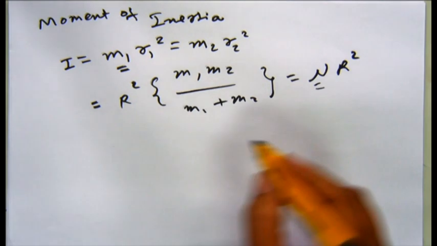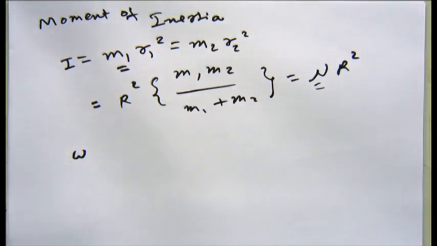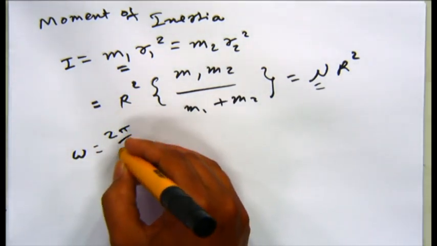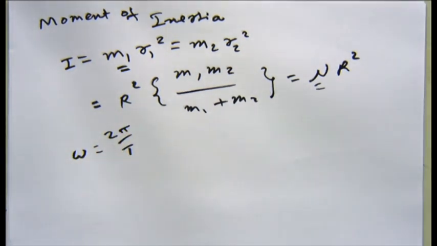Further, omega is called angular velocity, and omega is equal to 2 pi by T. Angular velocity or angular frequency means the angle that will be measured in radian or degree. Capital T is known as periodic time.